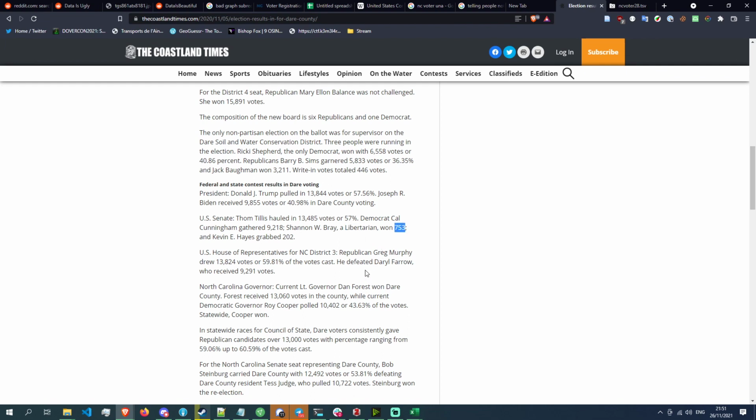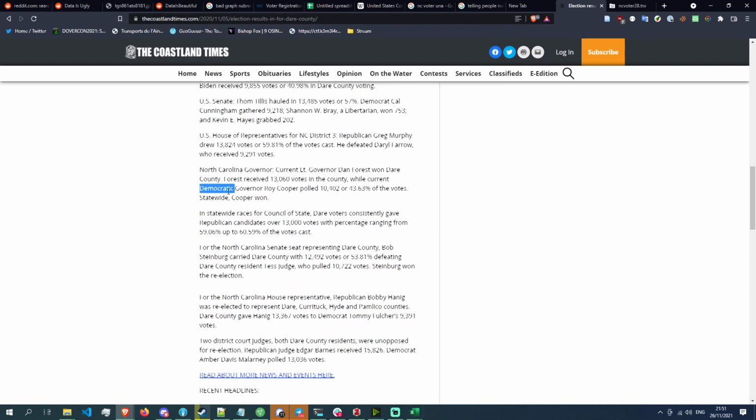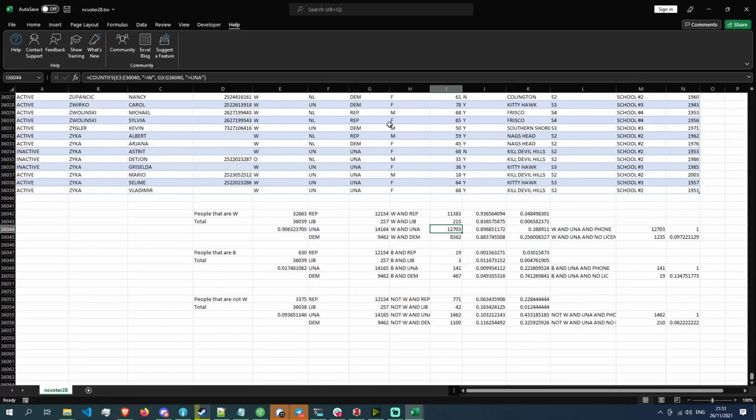So unregistered libertarians. Okay. NC District 3, Republicans. Governor, current governor, probably Republican. So yeah, it kind of went very Republican.